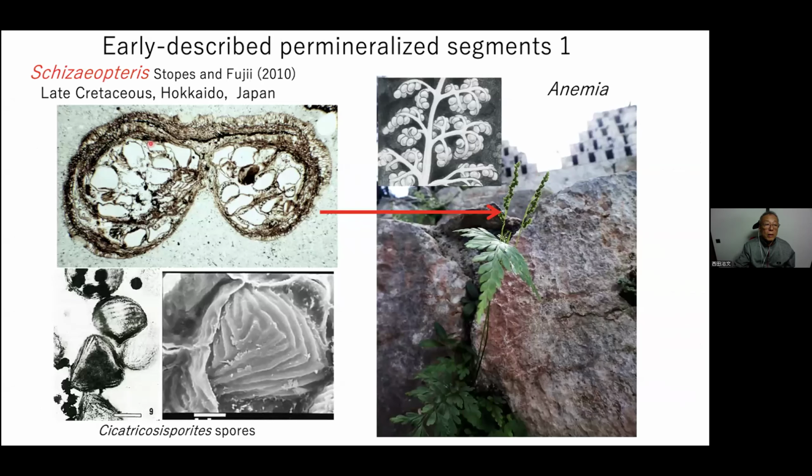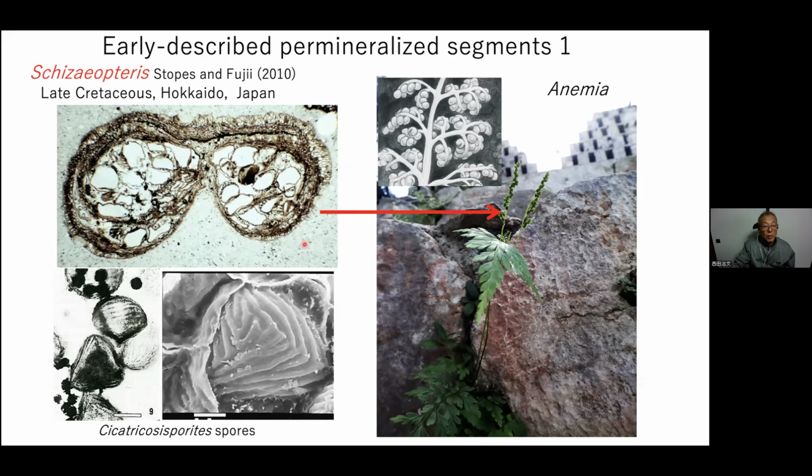And here is the first example of the already described permineralized fossils we know. And this is Schizaeales by Stopes and Fujii. And this photograph here is a new material, not the one I will show as a new material today.